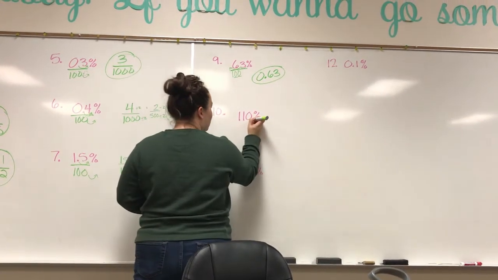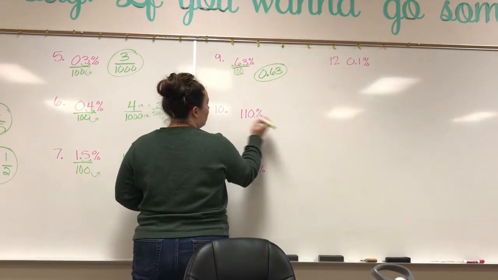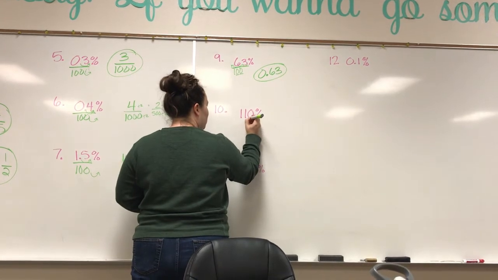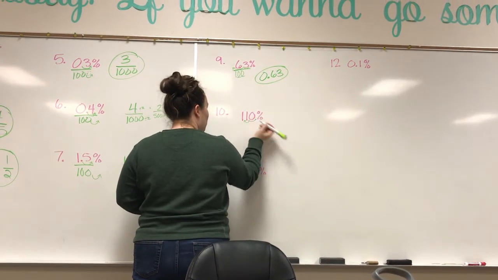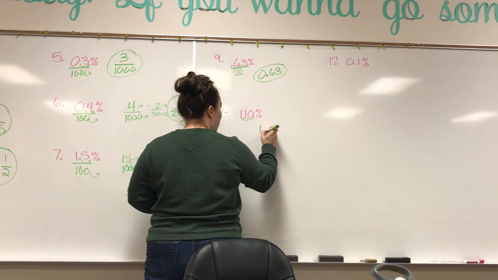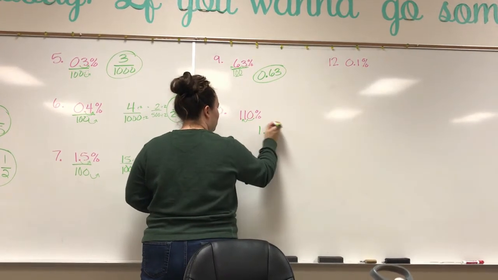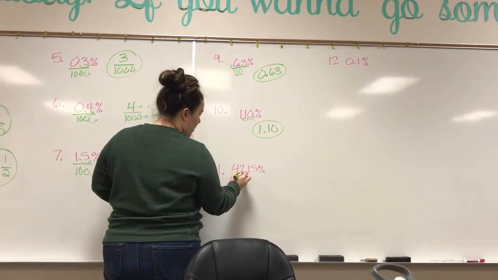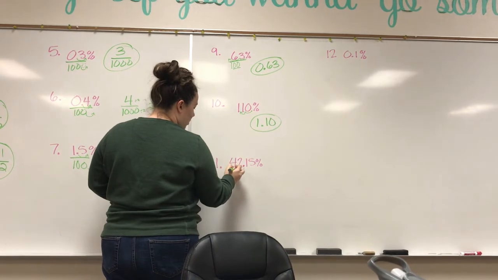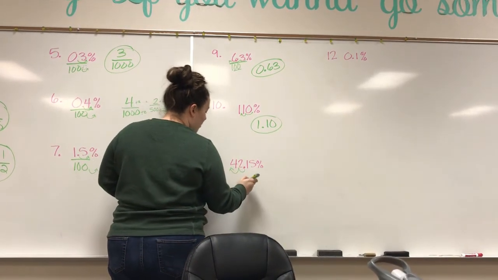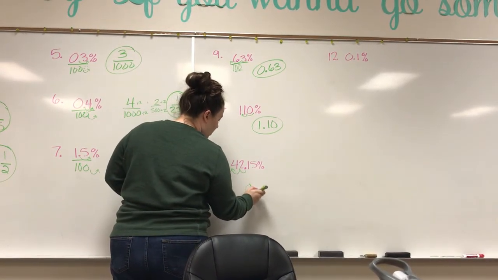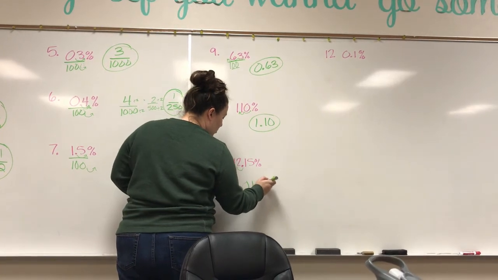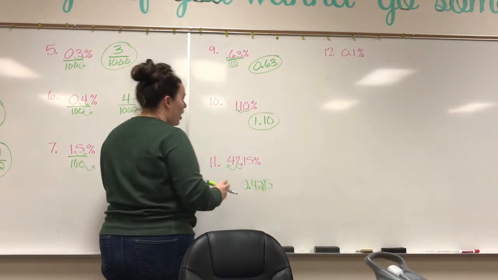Okay, again, put an invisible decimal here. If you're dividing by 100, you move it 2 decimal places to the left. Your answer would be 1.10. Move the decimal 2 places to the left. 1, 2, 0.4215.